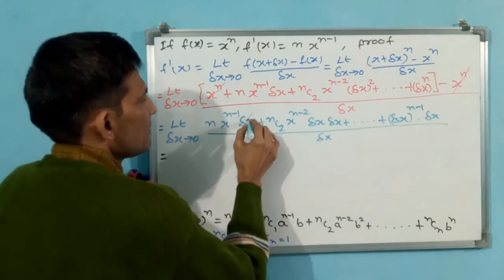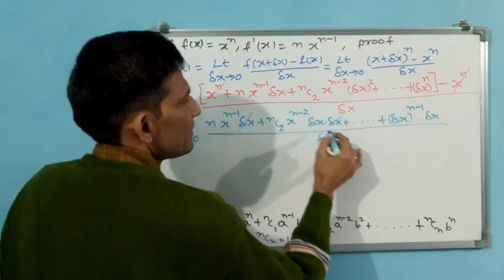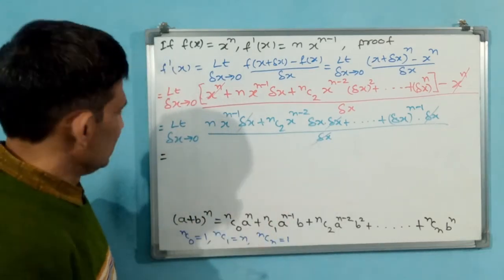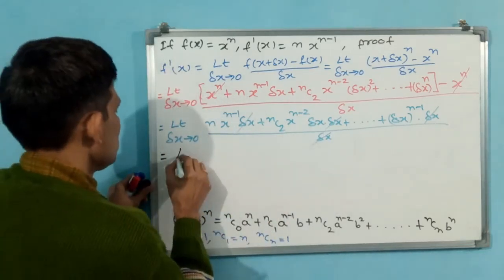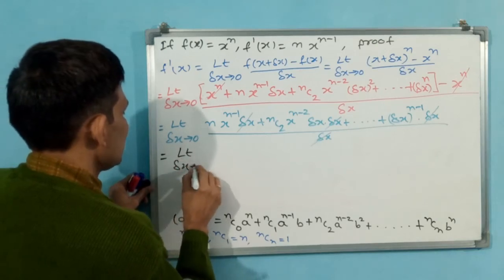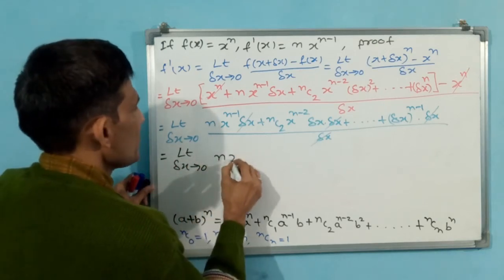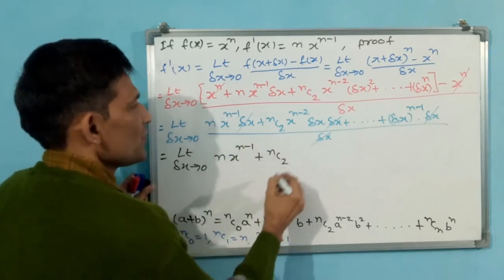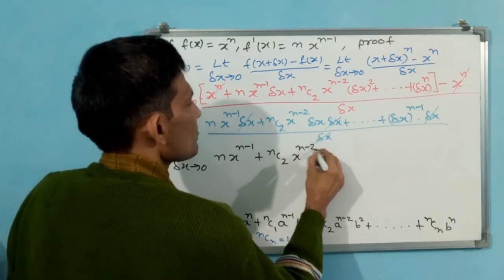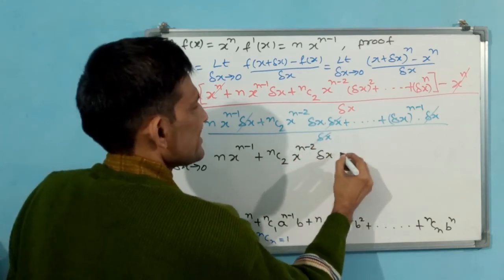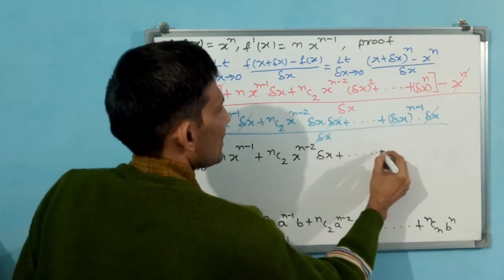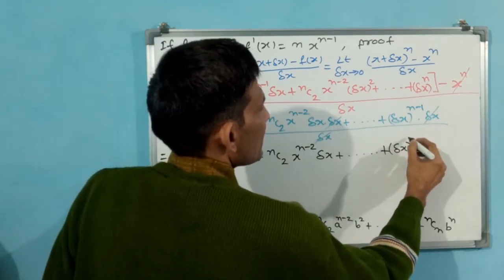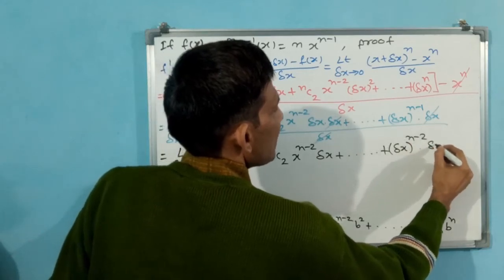You see here, delta x will go with this delta x. Here 1 delta x will go, here 1 delta x will go. Now no delta x. Now write down: limit delta x tends to 0, n into x power n minus 1, for this no delta x, plus nC2 x power n minus 2 but 1 delta x, plus delta x power n minus 2 into delta x.